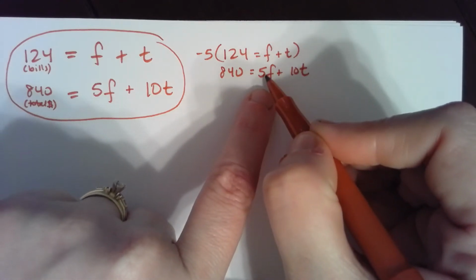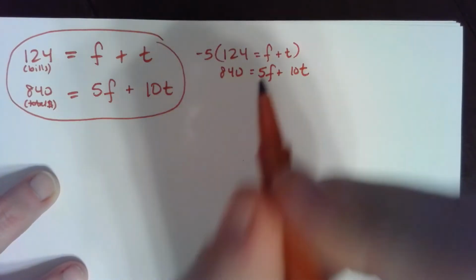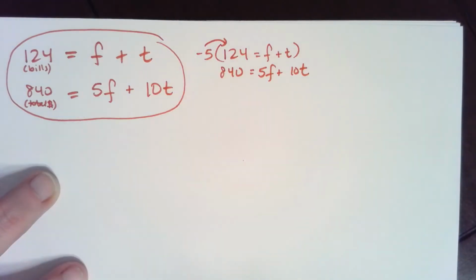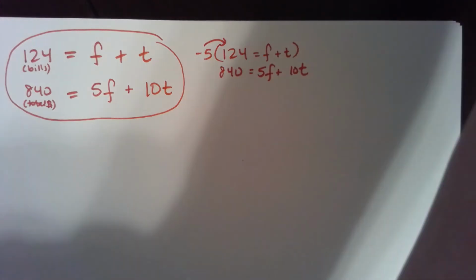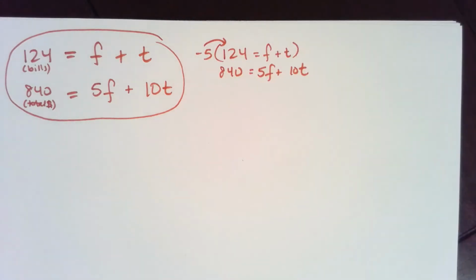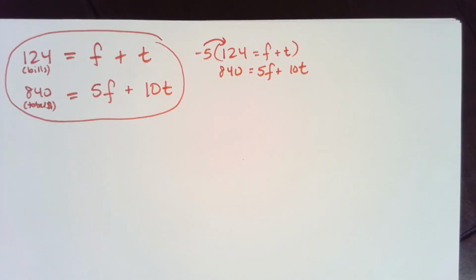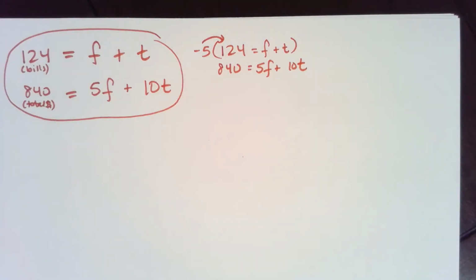Okay? Boy, I wish I had my calculator, but I guess I'm going to have to bust out the calculator app on my computer. I'm not proud of myself, okay? But there we go. I need 5 times 124. 5 times 124 is 620.